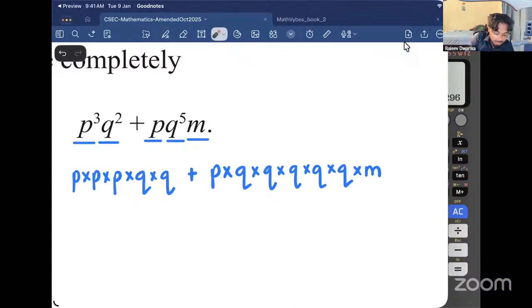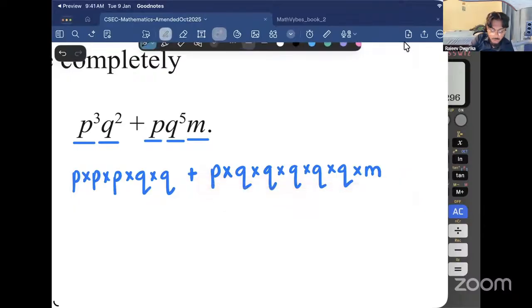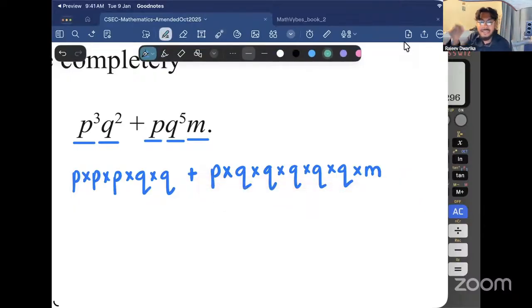Now, here's what we're gonna do. How many P's are you seeing in common in both of them? Over here, we're seeing 2 P's, but over here, how many P's? 1. So what do they have in common? I run it back again.